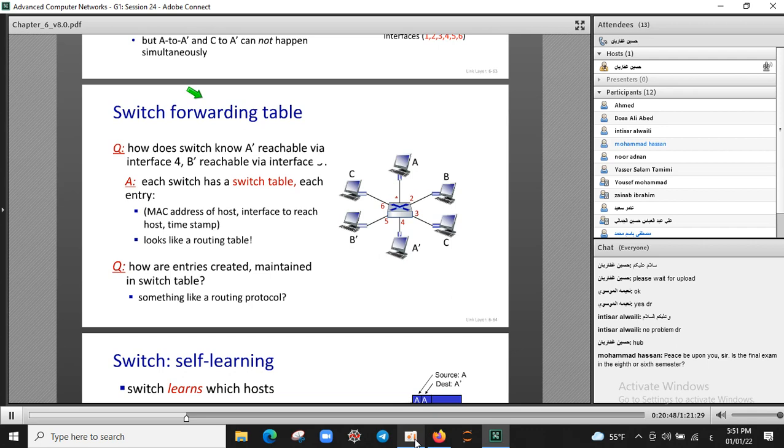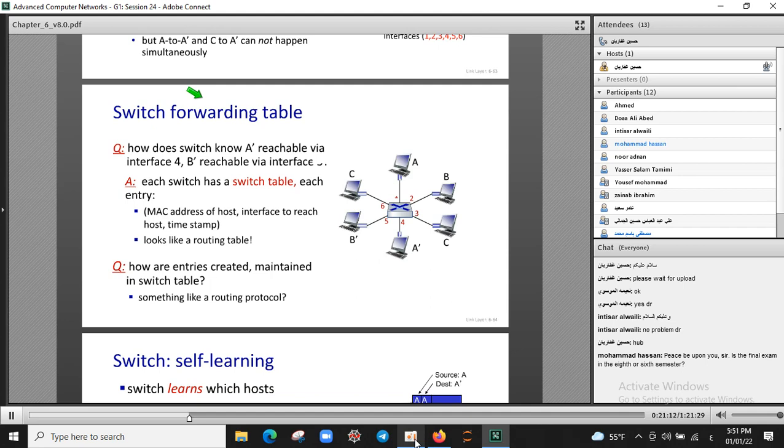What is a switch table or switch forwarding table? It is a table similar to a routing table or forwarding table. A forwarding or routing table is a table in layer 3. We have something like that in layer 2, and we call it a switch table.